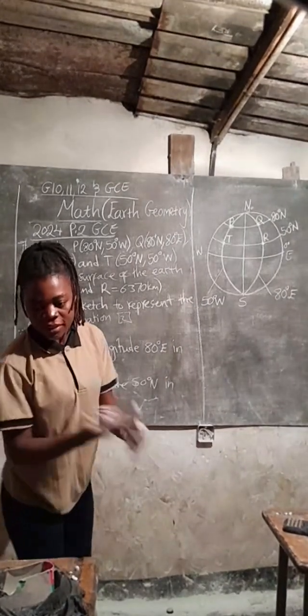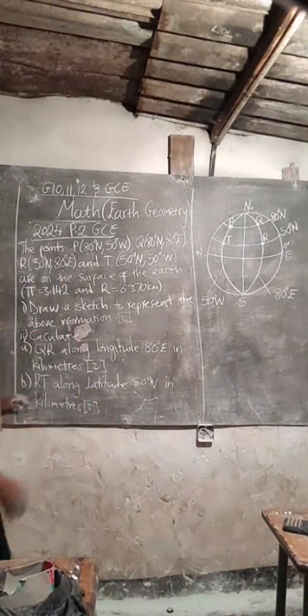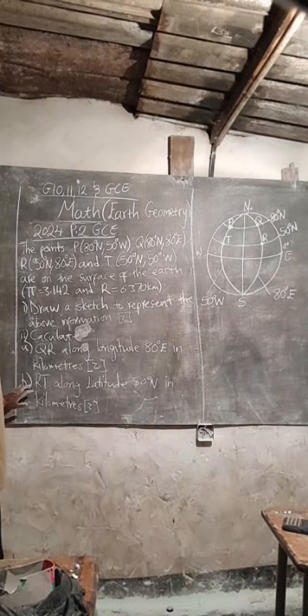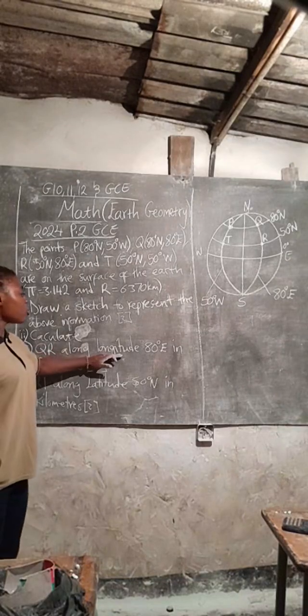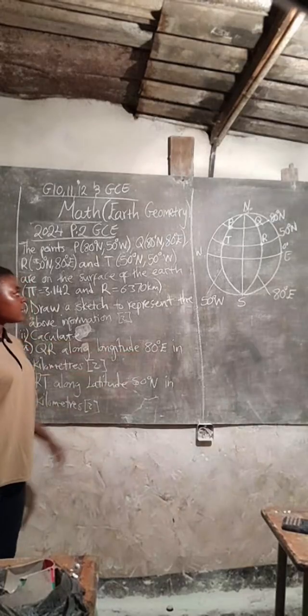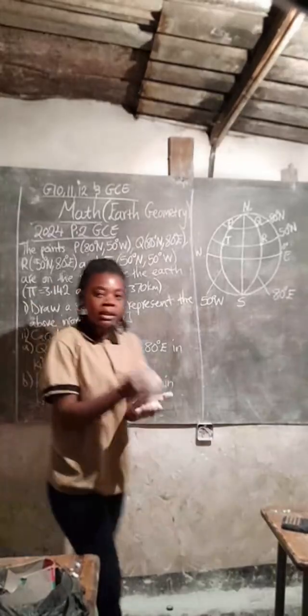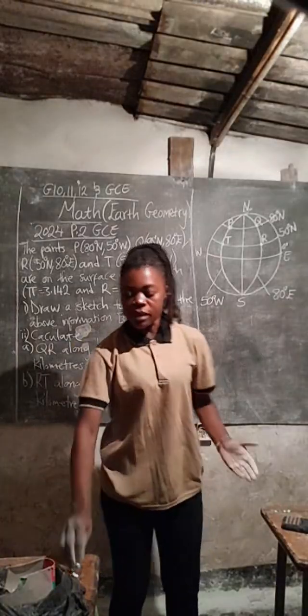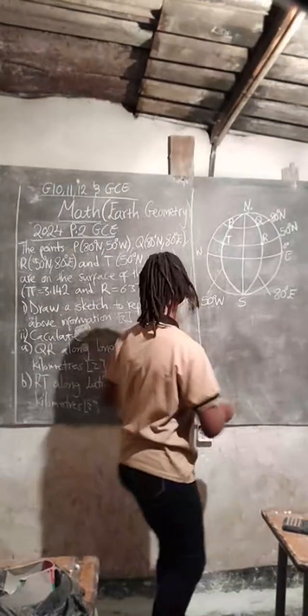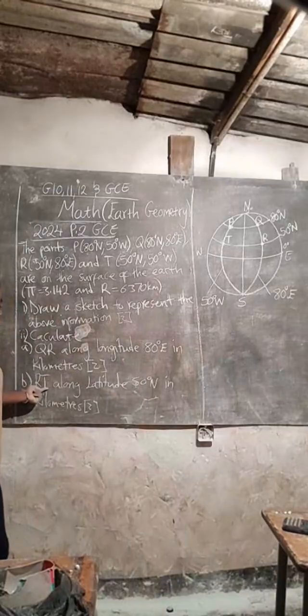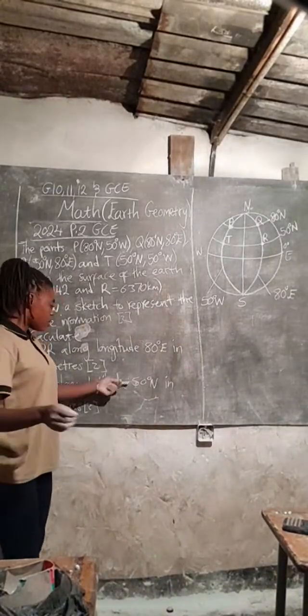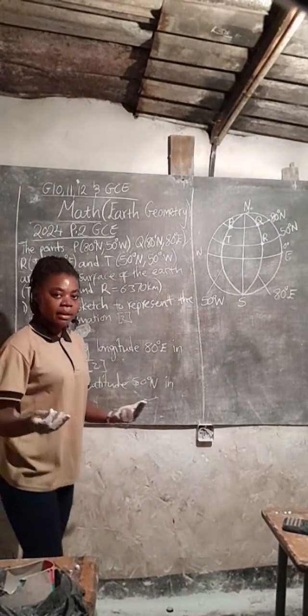I appreciate very much. So the next question is simply asking us to do what? Calculate QR along longitude 80 degrees in kilometers. So QR, which is what I've explained today, points on the same longitude. RT is on the small circle, we'll get into it after.